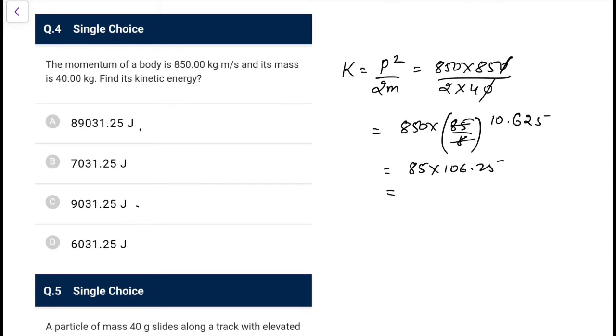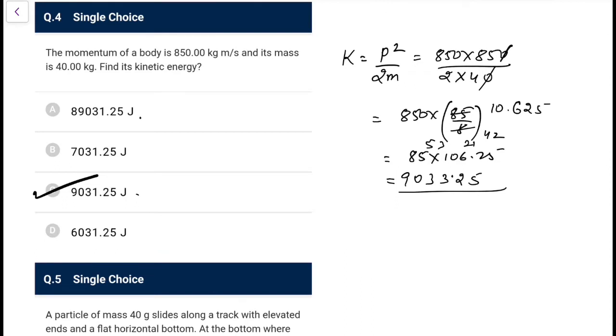So 85 5s are 425. 85 2s is 170, and 42, that is 212. 85 6s, that would be 425 plus 85, that would be 510, and so on. So 85 plus 5, 9033.25, that is what I am getting. Maybe there is a slight mistake in my calculation, but it is closer to this value, so I'll go with option C. You can correct it if you can see, but it would be closer I suppose.